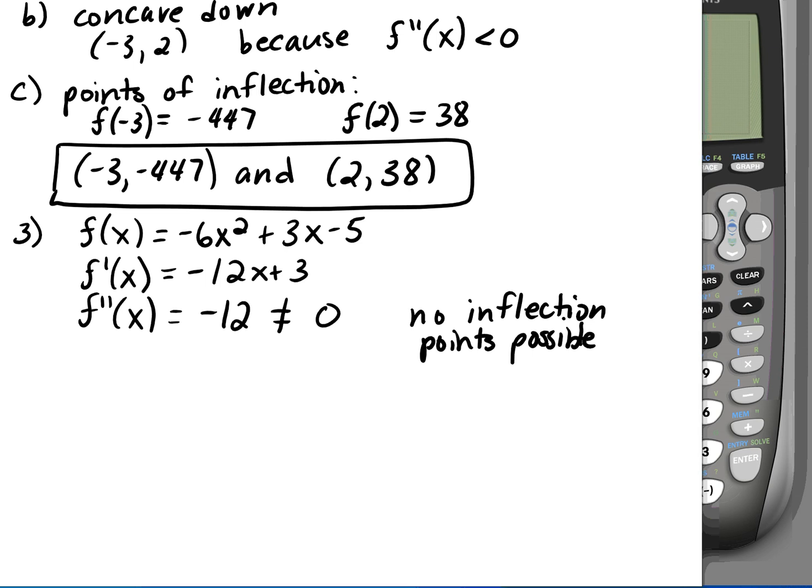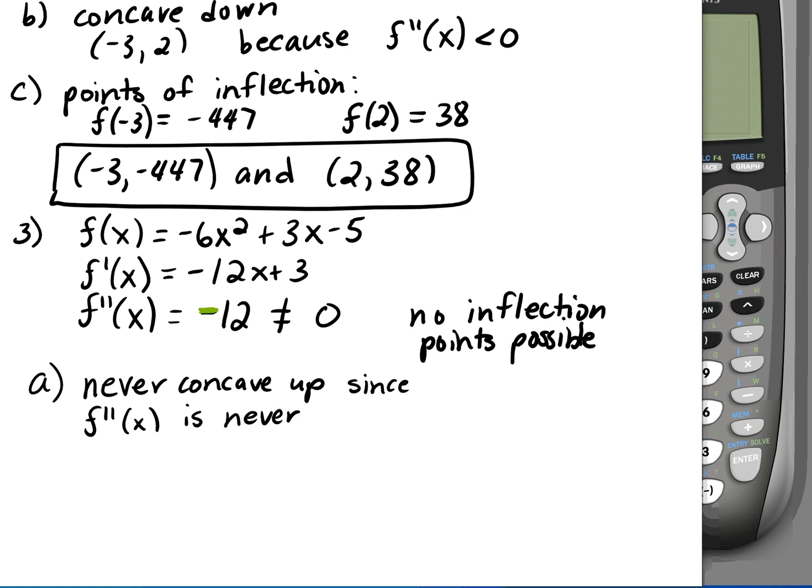All right, so to write the answers for this, there's really no work left involved, just identifying a couple things. It's never concave up. So you'll notice there is a negative sign here. So that means the second derivative is always negative, which means it can't be concave up. Greater than 0, or again, positive, if you want to write it that way.